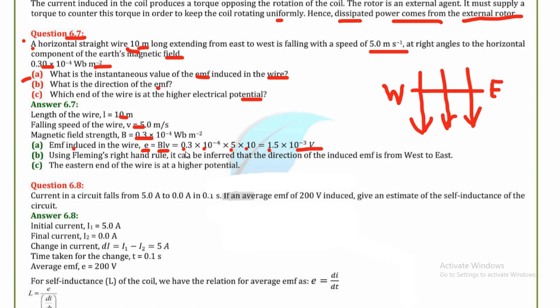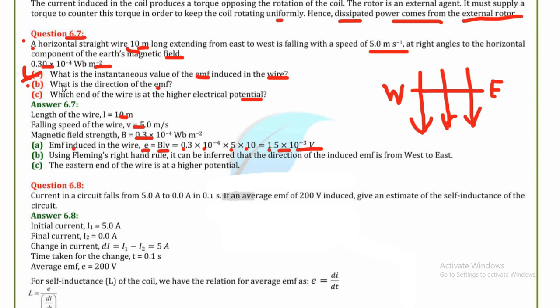I hope this calculation is easy for you all. You can reduce this power by 1, so this becomes 10 to the power minus 3, and after multiplying 0.3 by 5 it will be 1.5. So it is a very easy calculation. So the first part is completed, and the value is 1.5 into 10 to the power minus 3 volt.